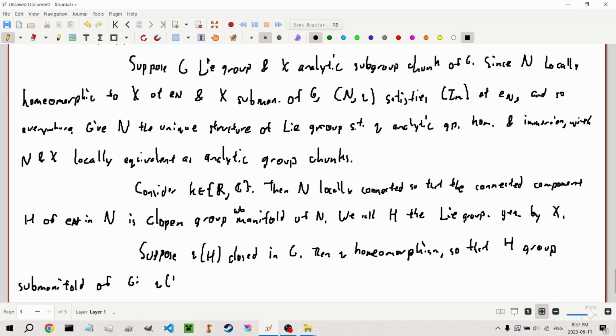Well, we know I of H is closed in G, and so is therefore a Baire space.